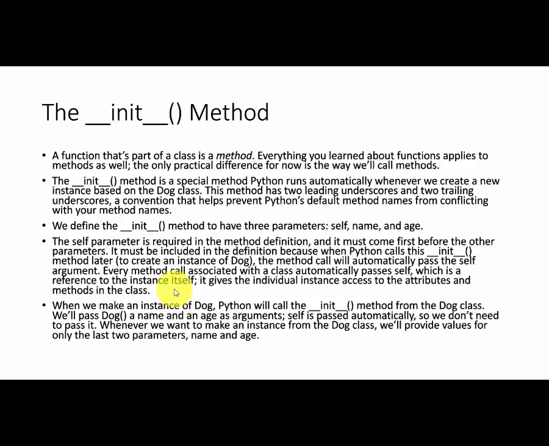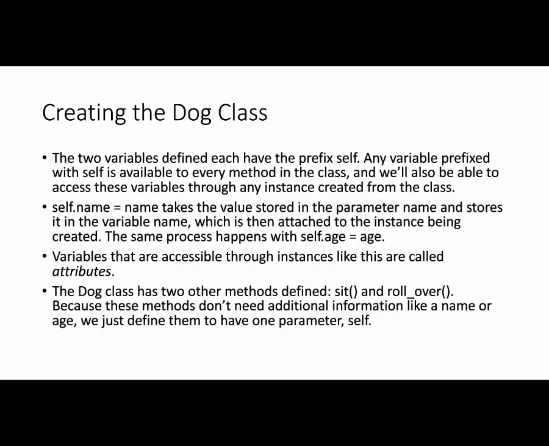Whenever we create an instance of this Dog class, we provide values for the name and age, not for self. So we have two variables there: one is the name and another is the age. A variable prefixed with self is available to every method, as I told you in the previous slides.